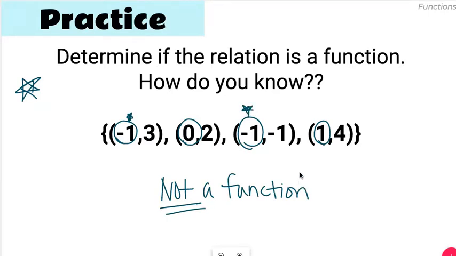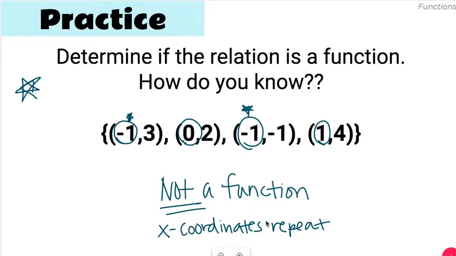That tells me it's not a function. x coordinates repeat. That's why. It is not a function because x coordinates repeat.